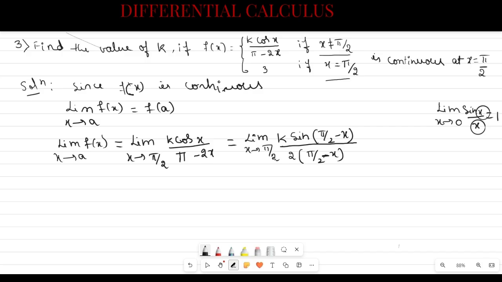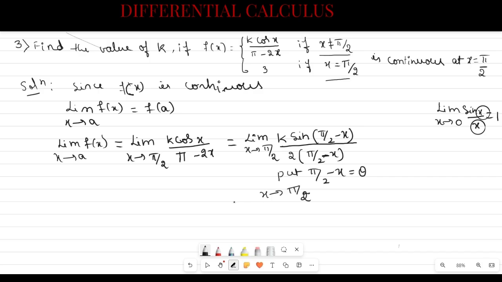How to change it? As x tends to pi by 2, I will put pi by 2 minus x as theta. I am changing this whole function in terms of another variable, theta. Now the limit will change.